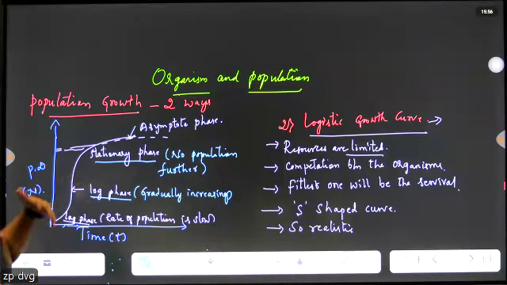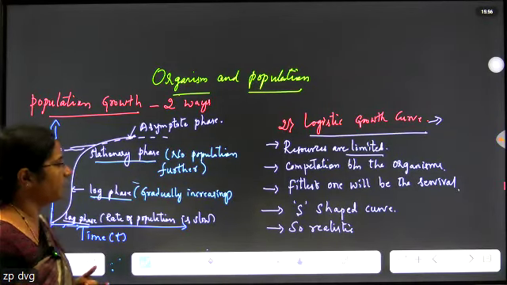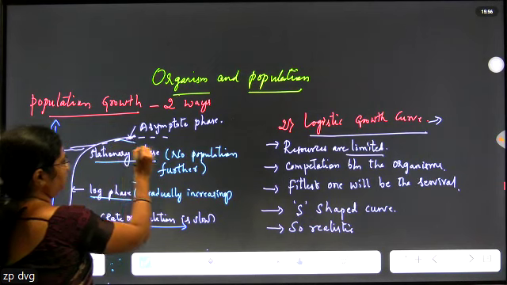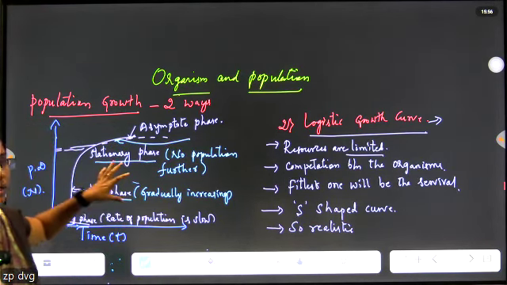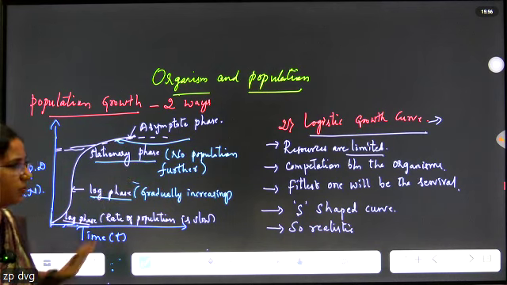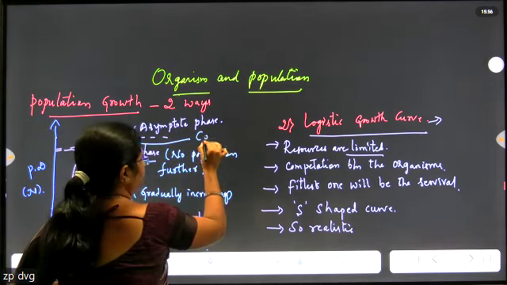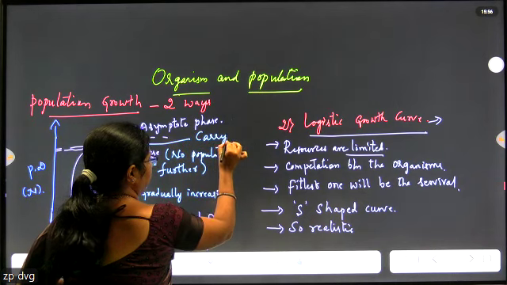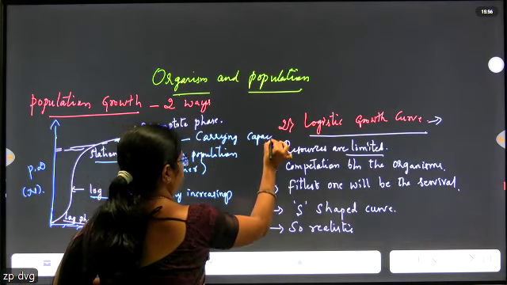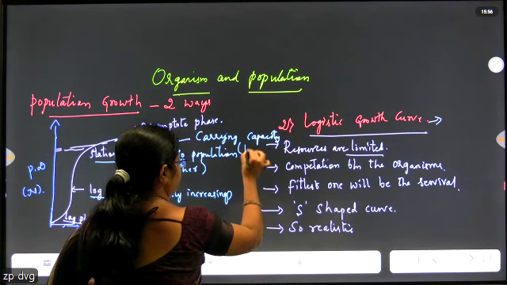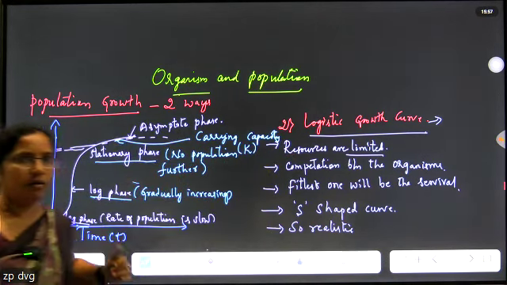This is the maximum capacity of the environment in which the organisms can sustain, so we call it the carrying capacity, which we denote by the letter K.